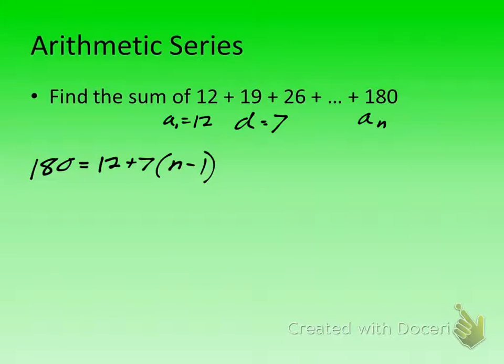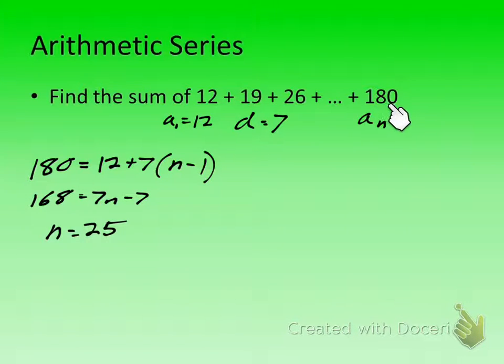From there it's an easy solve, right? Subtract 12, which is 168, which gives you 7n minus 7. Add 7, divide by 7, n equals 25. So there's 25 terms in this sequence that we're adding up.